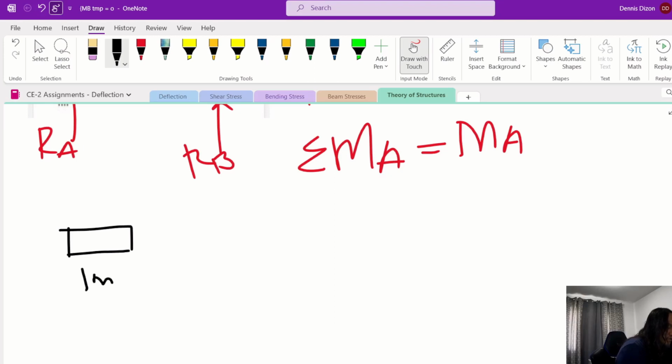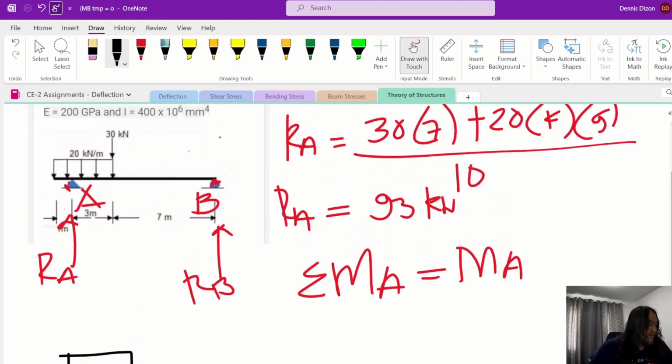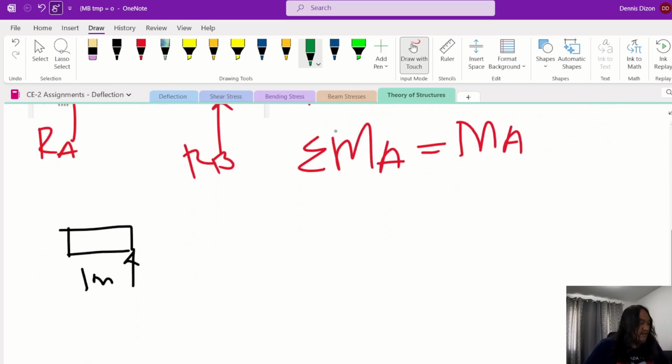This is 1 meter, and if we cut a section here and consider left of A, this is our free body diagram. So this is our load, which is 20, then the cantilever is 1 meter. And this one is not the reaction at A, but the shear at A.